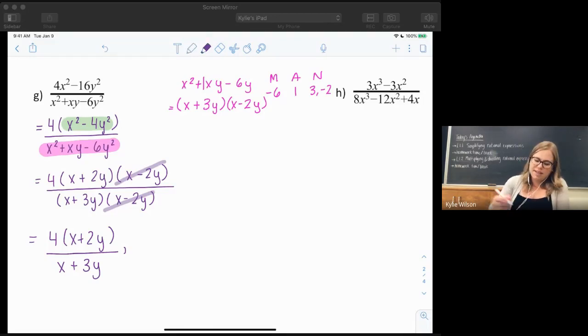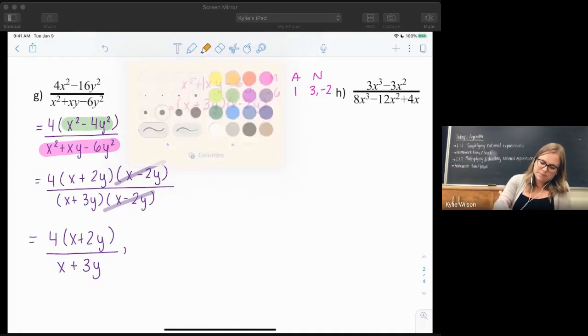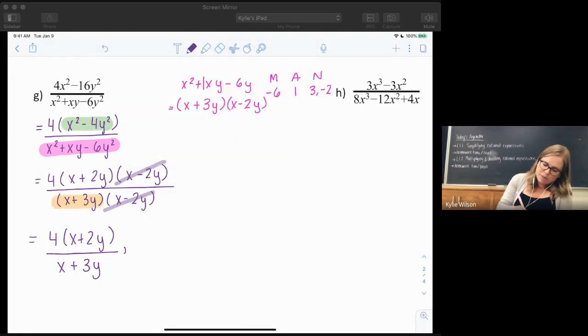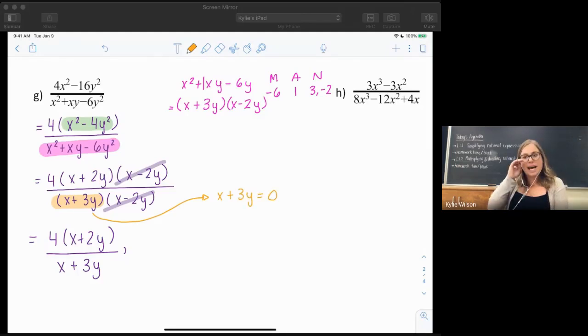So for my restrictions, the one that comes from here, sometimes they're not easy to find. So I have to see what happens when I set it equal to 0. What I'm going to do is just rearrange to isolate x. So that's my first restriction.